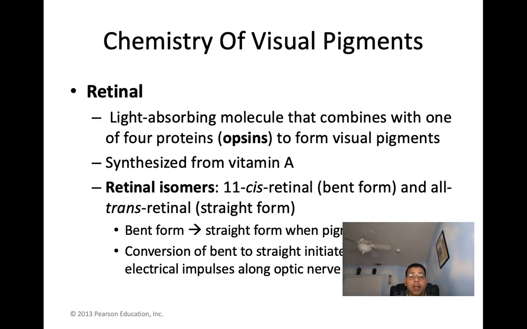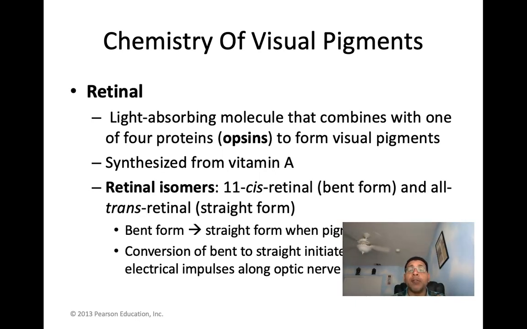Retinol is a light-absorbing molecule that combines with proteins, opsins, to help form four visual pigments. Retinol, it's important that you know, is synthesized from vitamin A. The pigmented layer is responsible for absorbing vitamin A and keeping it there for the rods and the cones.